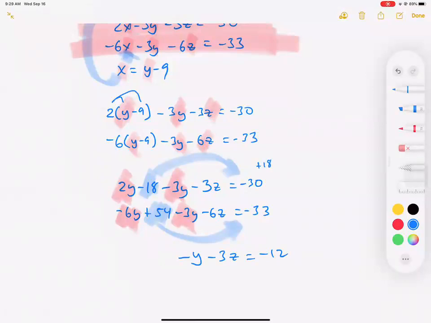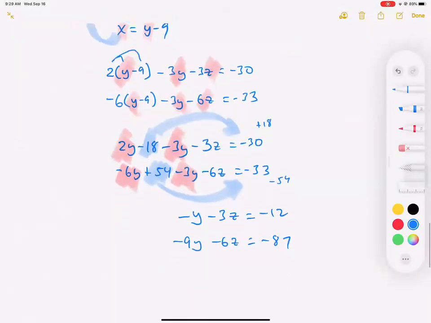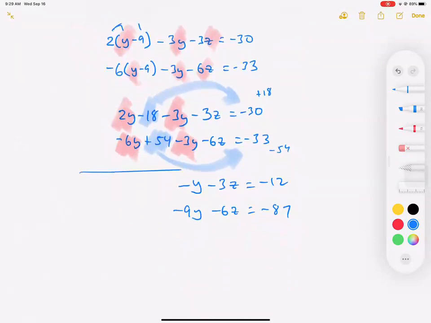We end up with negative 6 minus 3 is negative 9y minus 6z equals, moving that over, negative 54 is a huge number, that's going to be negative 87. That doesn't look pretty. But one cool thing is, instead of having 3 variables, 3 equations, we only have 2 variables with 2 equations now. 2 variables and 2 equations.